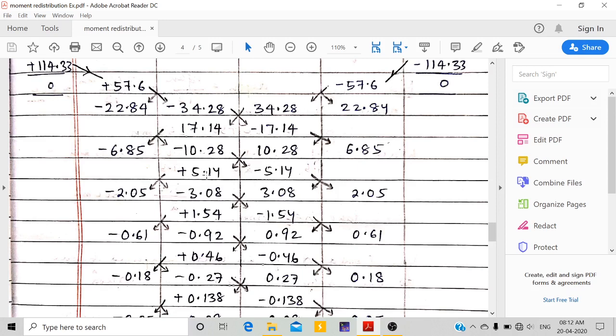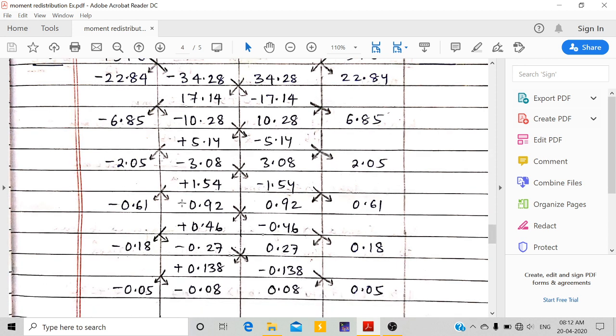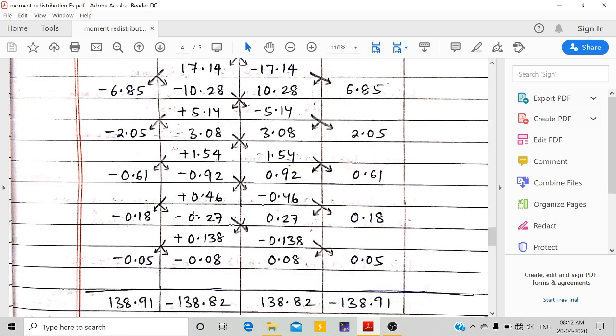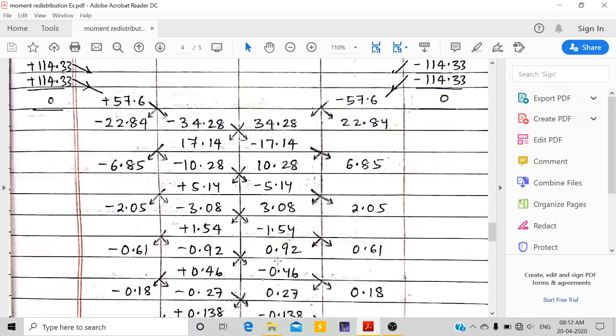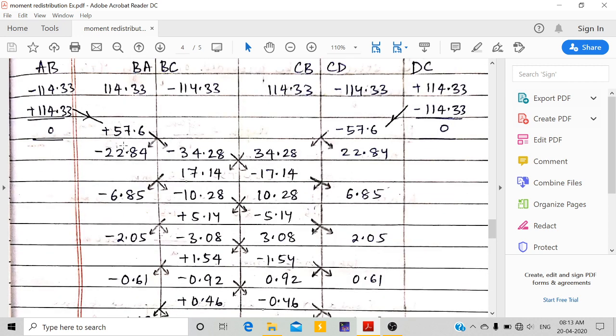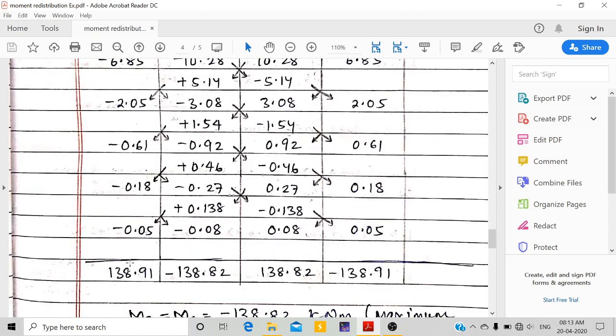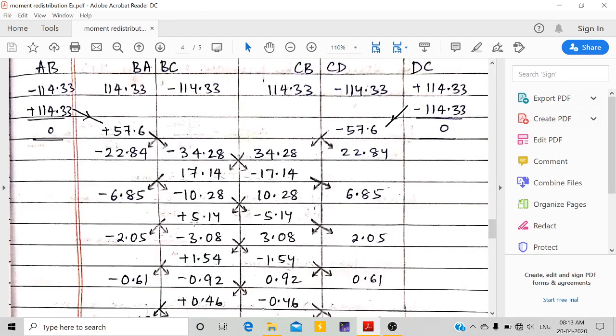Okay, then 5.4 again distributed, then 1.54, from here half transferred, then into 0.4, 1.54 into 0.6, then again half transferred. So we are going to continue till it is some 10 to the minus 2 power. So it is 0.02 here, so we stopped it, and then we started adding all the moments from here, and here also all the moments.